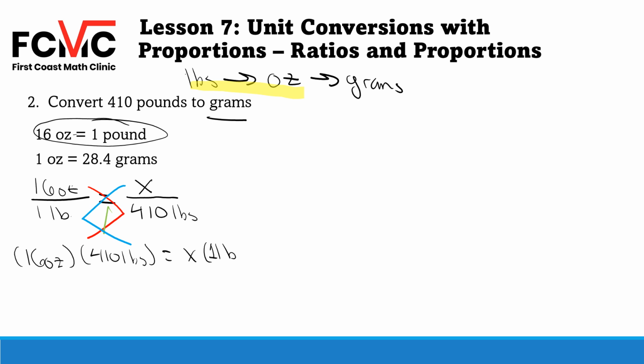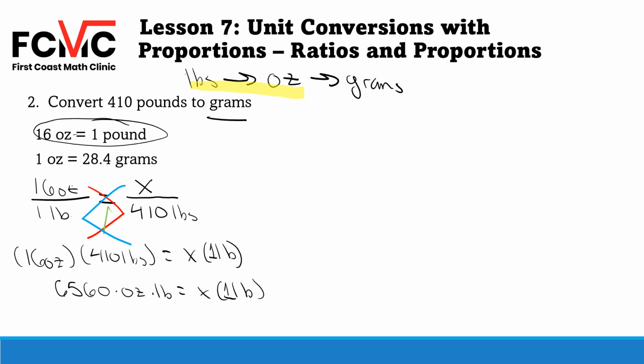Let me squeeze that 1 in. 16 times 410 is going to give us 6,560 times ounces times pounds equals x times 1 pound.